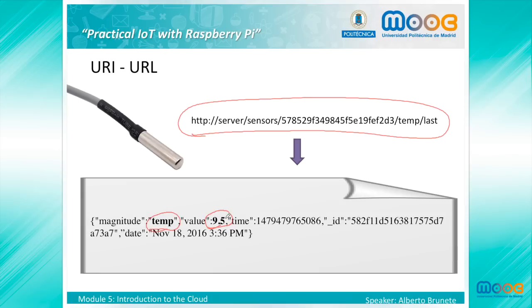When we perform this address request, we receive, in this case, a JSON file with information as shown in this image. We have several fields such as magnitude, value, time, date, etc. We could upload the information using the same pattern or receive information about a specific value.